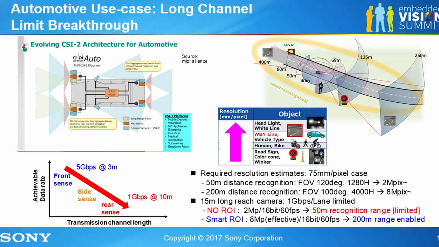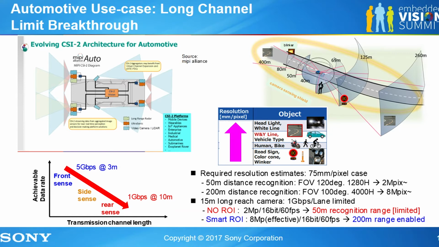So another point of benefit is the automotive use case. It's not regarding V2X, but in this case, long channel. Maybe you're familiar with the automotive interface challenge. Now we have a lot of proprietary interfaces, and also the standard automotive Ethernet, but it's limited bandwidth.